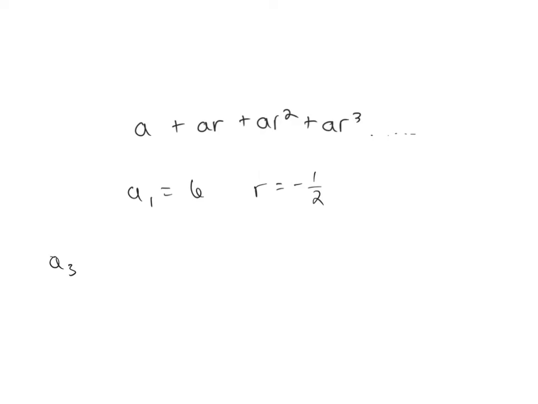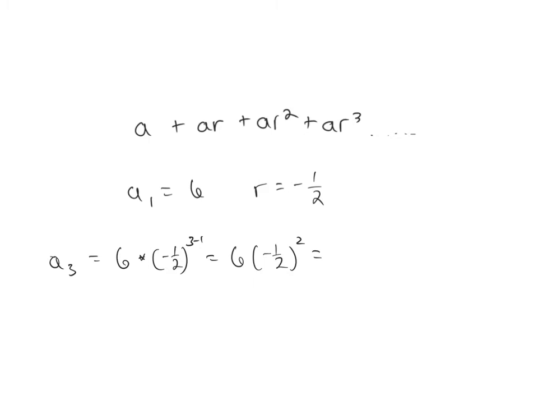So when we're dealing with a sub 3, I want to first multiply 6 times negative 1/2. And we aren't dealing with r to the third power. We are dealing with r to the second power. So we take our number and multiply, subtracting 1 from the exponent, which is 6 times negative 1/2 squared.